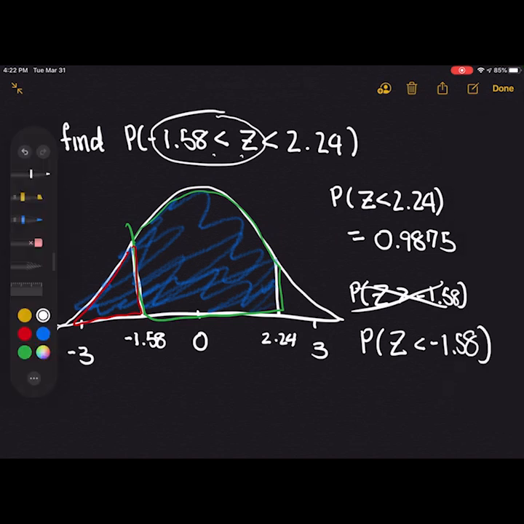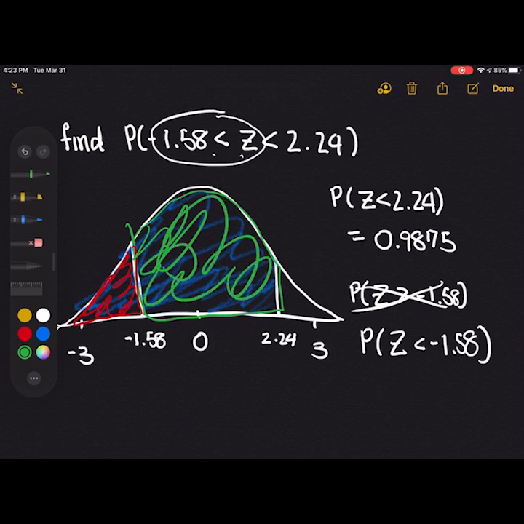Because if you do that, we're subtracting the blue with the red, and then we get the green, which is exactly what we want. So what's P of z less than negative 1.58? It is 0.0571, and you can just find that by looking for negative 1.58 on the z curve.